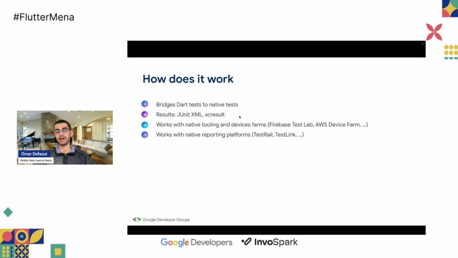So if we have something else than this JUnit or XCResult, for example, we have that Flutter test, the Firebase team needs to understand how the Flutter team implemented that feature, so they can support that in their devices. The same thing goes for Amazon, and the same thing goes for all the service providers.